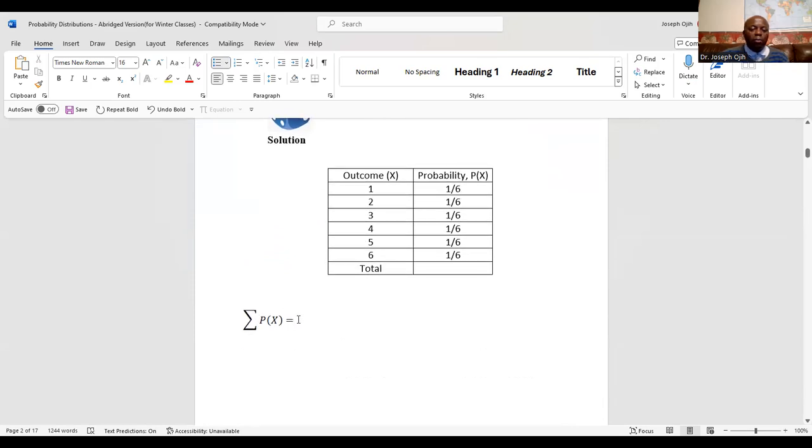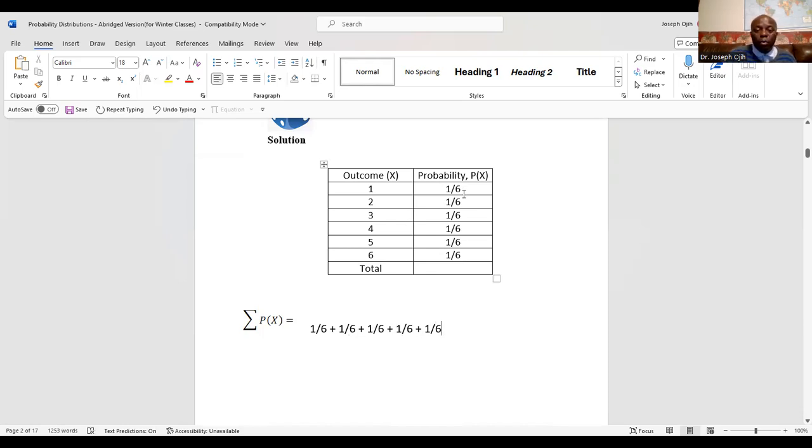So sum of px, sum of all the probabilities, equals 1/6 plus 1/6 plus 1/6 plus 1/6 plus 1/6.